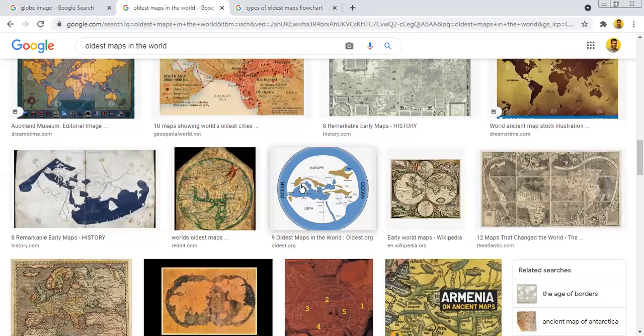So why did these people prepare world maps? They wanted to conquer the world. They wanted to do trade with all the countries in the world. For that purpose, they started preparing world maps. Already we have discussed that Babylonians started sketch maps to maintain records.